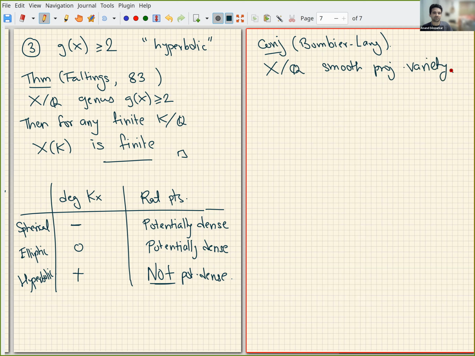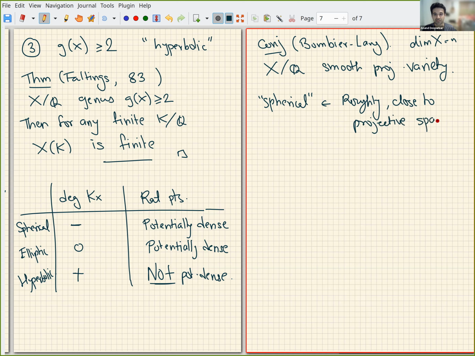Then what's the analog of spherical? Spherical should mean, roughly, close to being a rational variety. So it's close to a projective space. Let's say it's of dimension n.